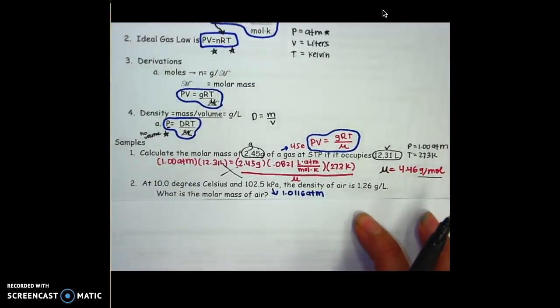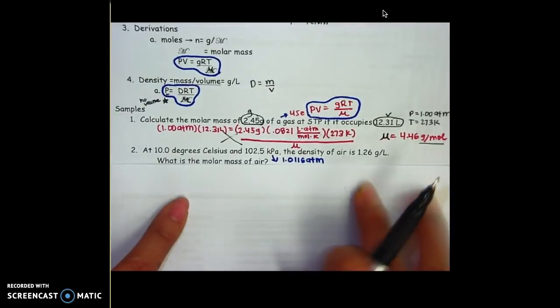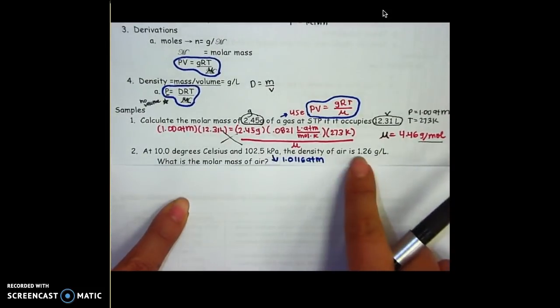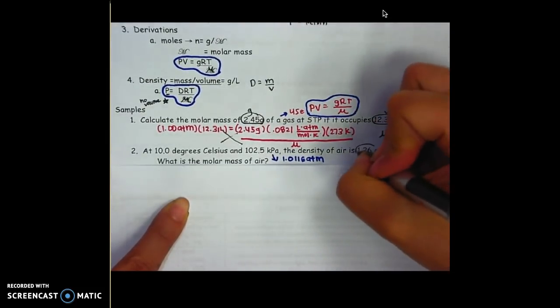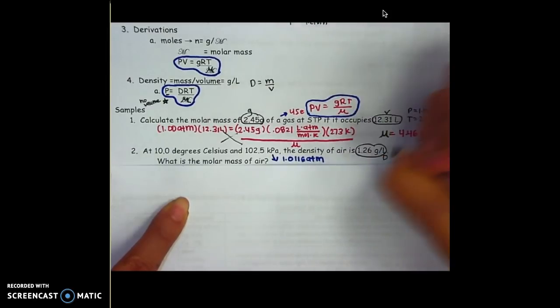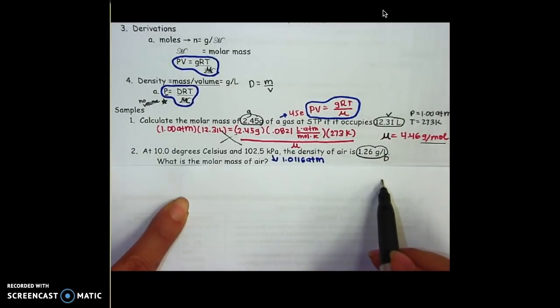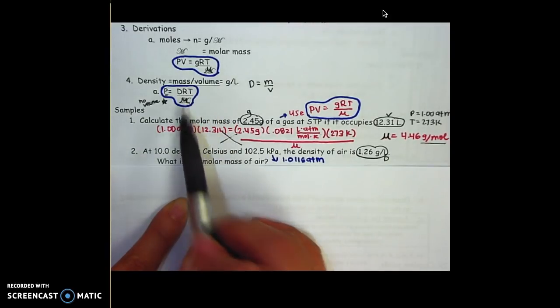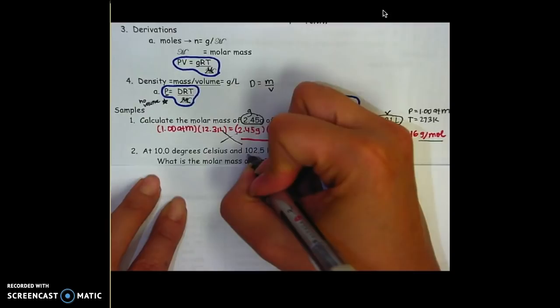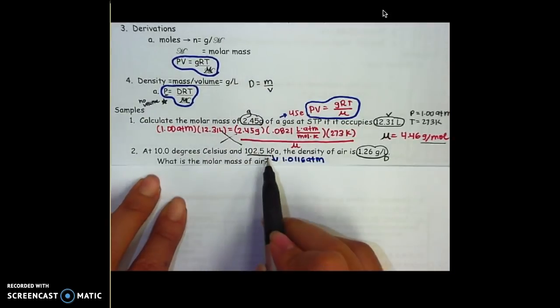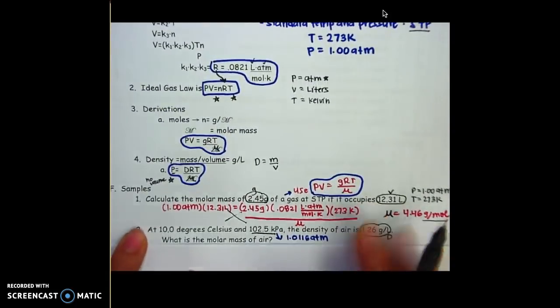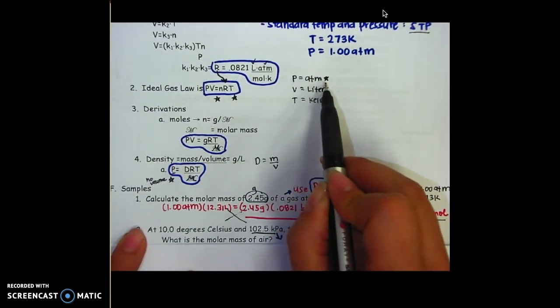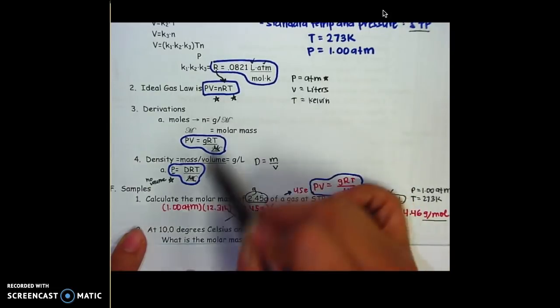Now the second problem we have right here is a little different. It has 10 degrees Celsius, 102.5 kilopascals, and now this time we know density. Because this is density, we know that from the NERT, GERT, DIRT equations, we should be utilizing DIRT. The pressure is 102.5 kilopascals, but remember, we have to change pressure to atmospheres whenever you are utilizing any of these three equations.